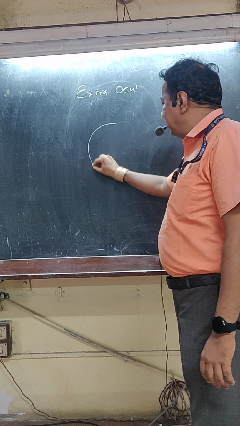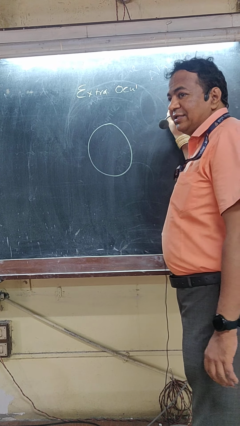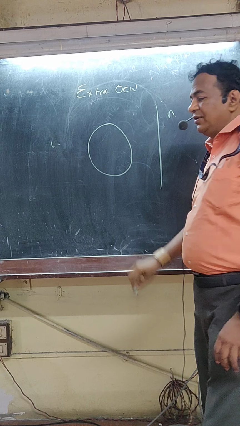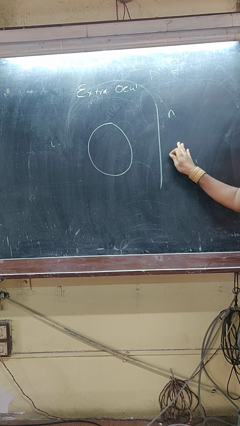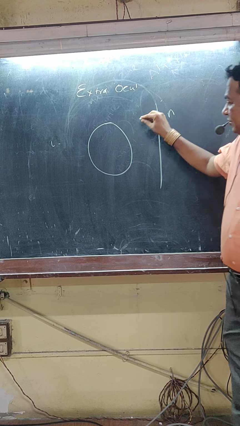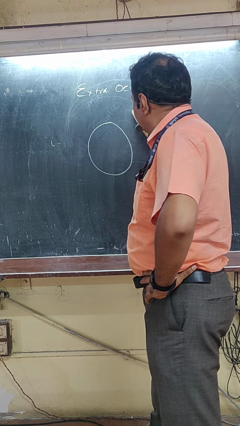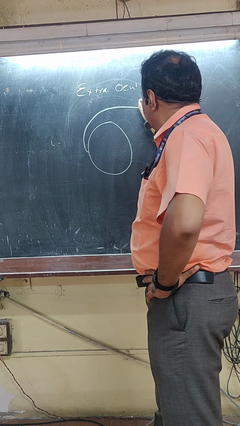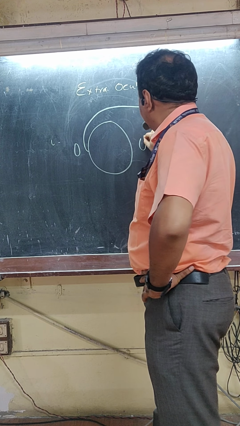So suppose this is the eyeball. Okay? And this is the medial side, this is the lateral side, so the nose will be here. There are muscles like this.